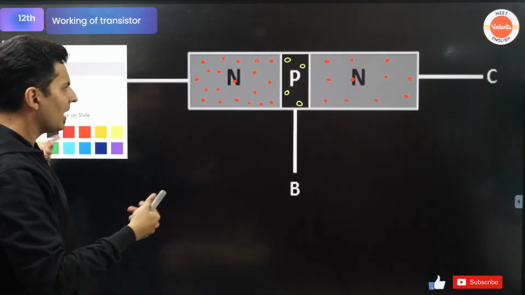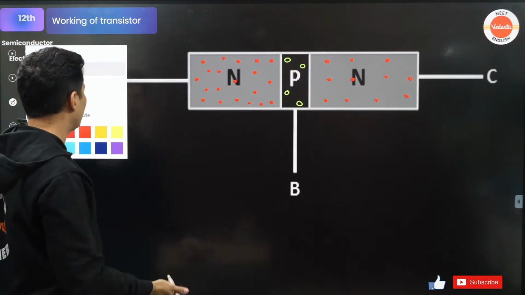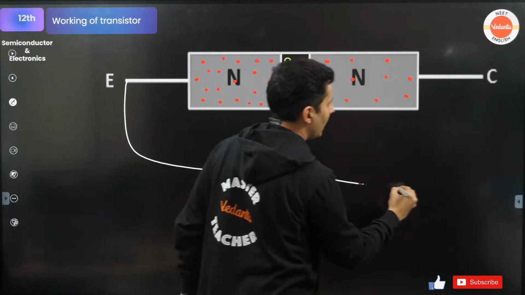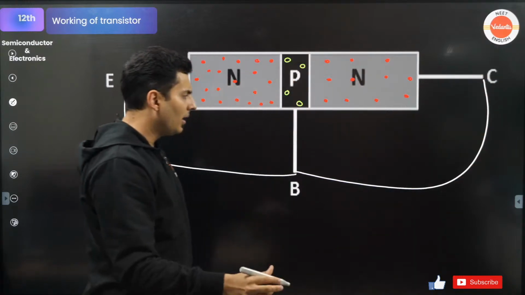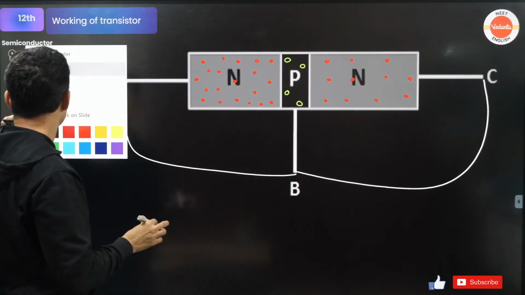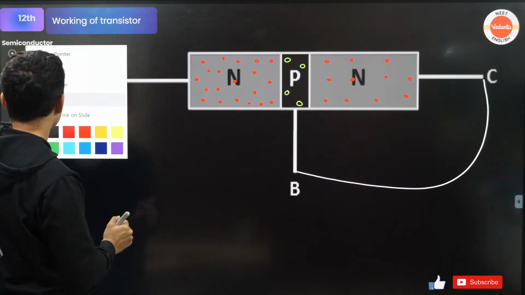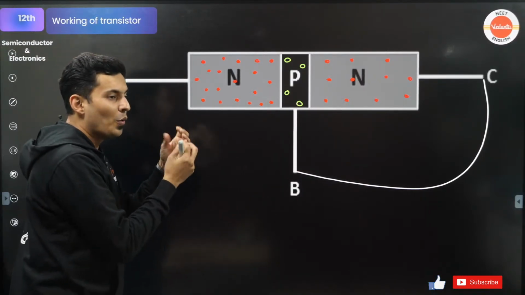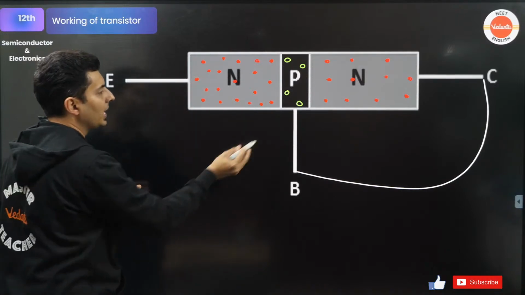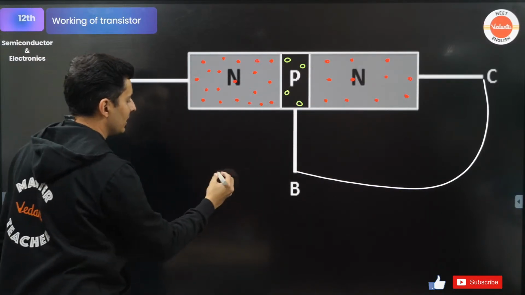Now let's take any type of configuration, it really doesn't matter. I'll connect the base over here and this over here. But while connecting, I have to make sure that they are in forward or reverse bias. The emitter-base is always in forward bias, so N will be connected to negative and P will be connected to positive.